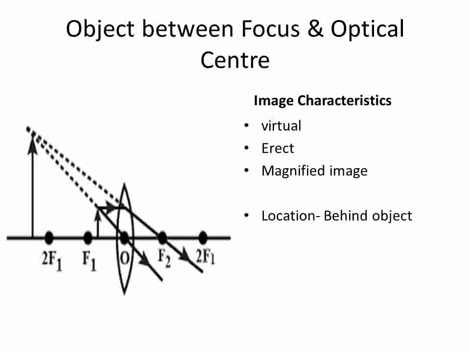Then the letters are bigger in size and there is magnification of the object observed in the lens. The location is behind the object; the size is larger, and both object and image are formed on the same side of the lens.